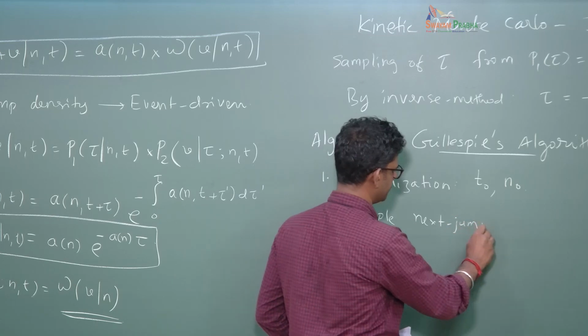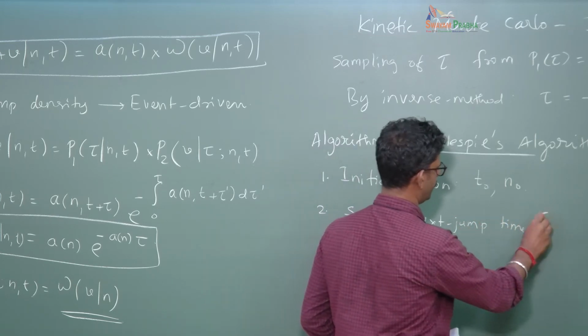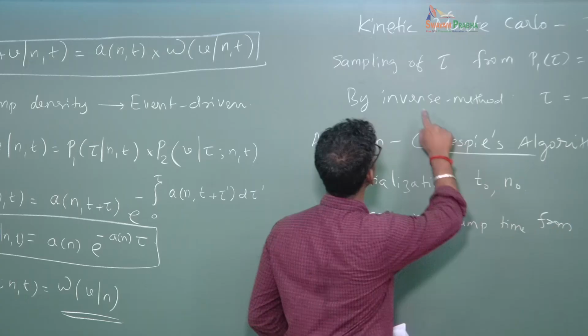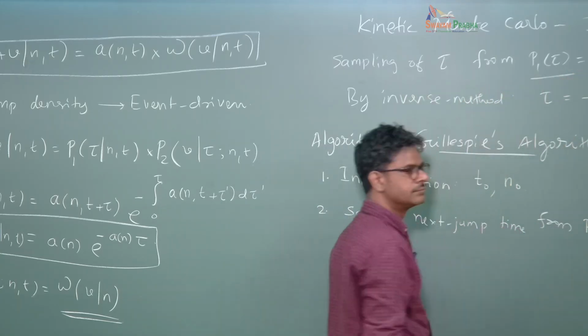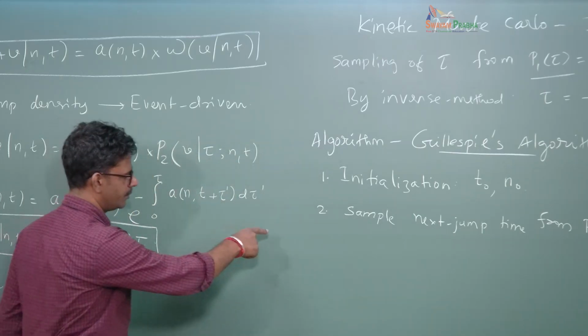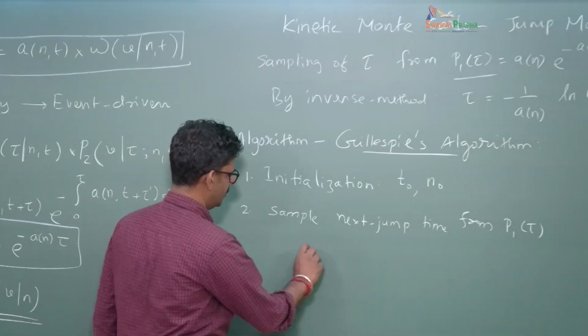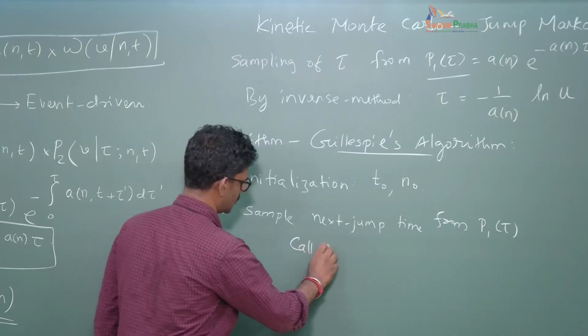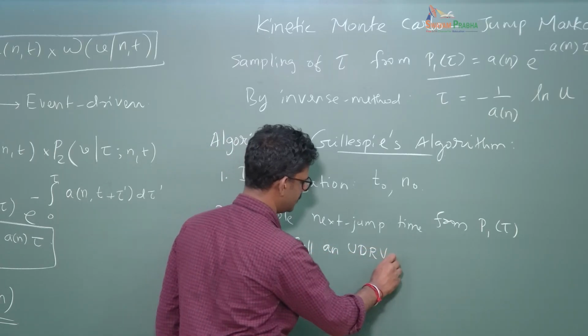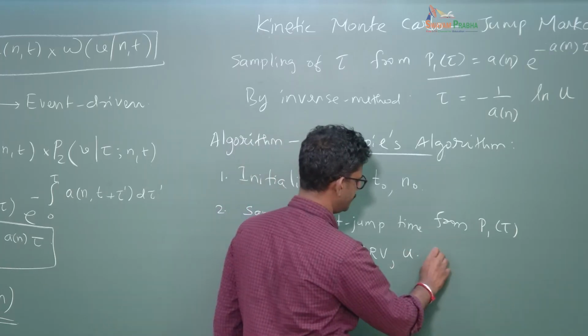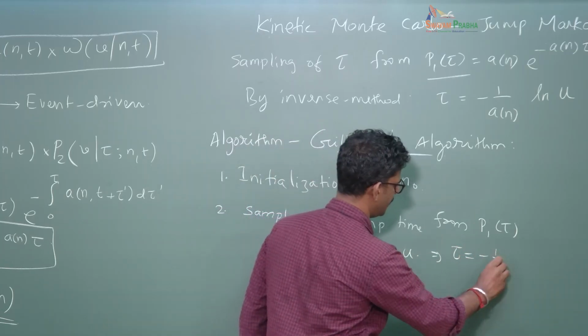Second is to sample the next jump time from p1 of tau. Basically what you will be doing in this particular step is you would call a uniformly distributed random variable u, and then you find tau equal to minus 1 by a ln u.